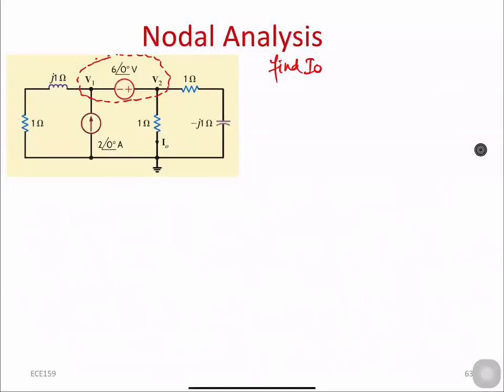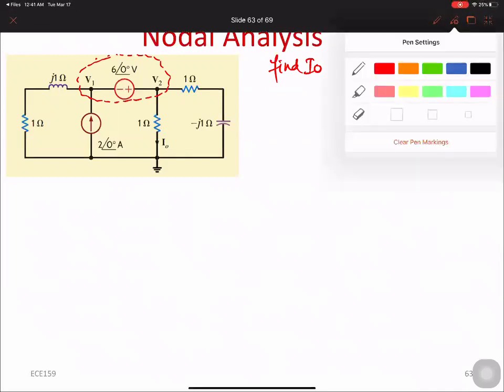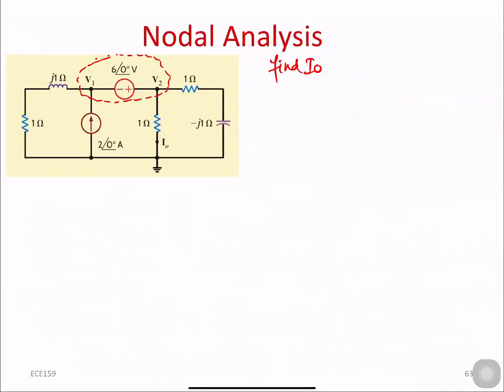So the first thing you need to identify is what are the directions of the current, or label the directions of current, right? So you can label any direction of current you want. So let's say I labeled the currents in this direction and this direction.